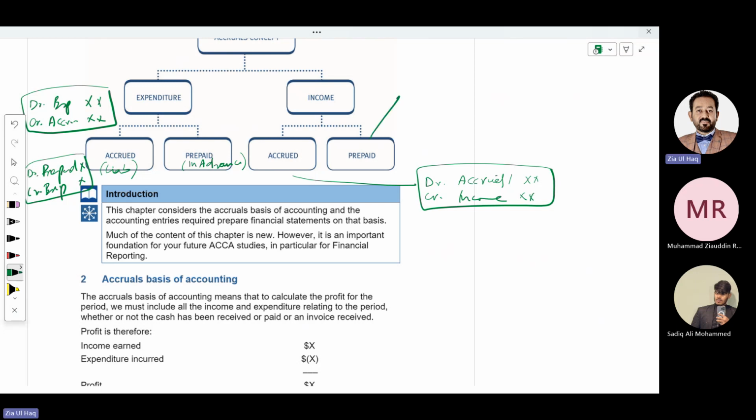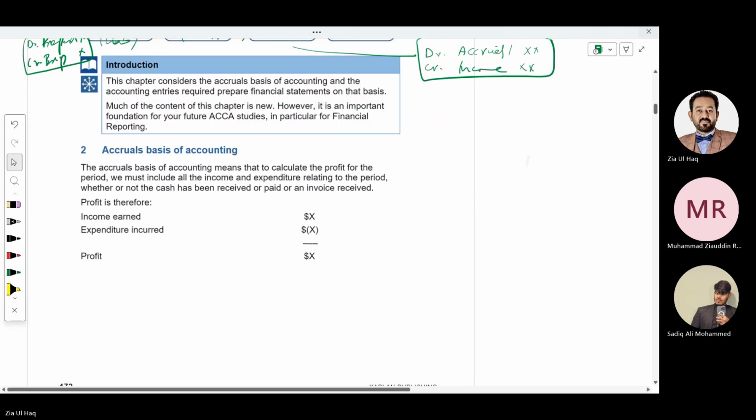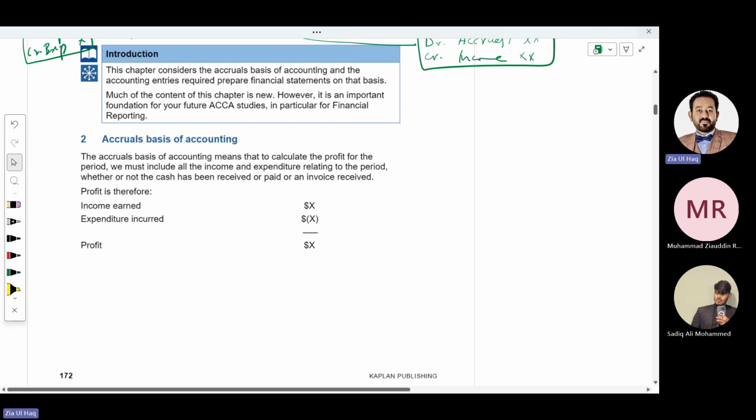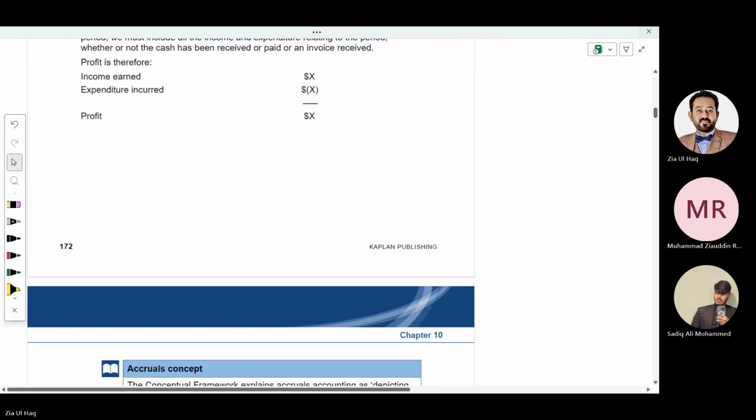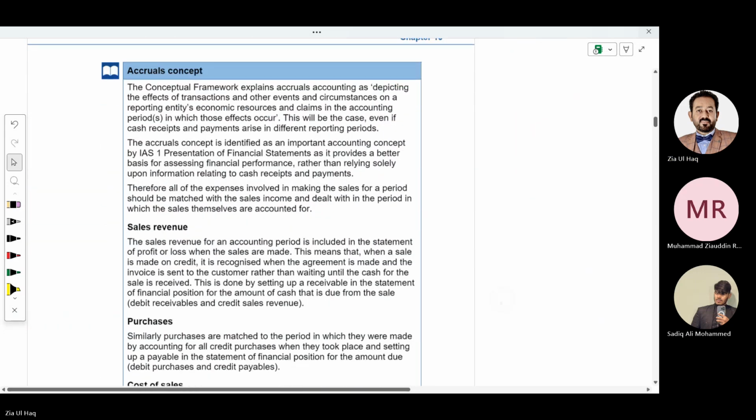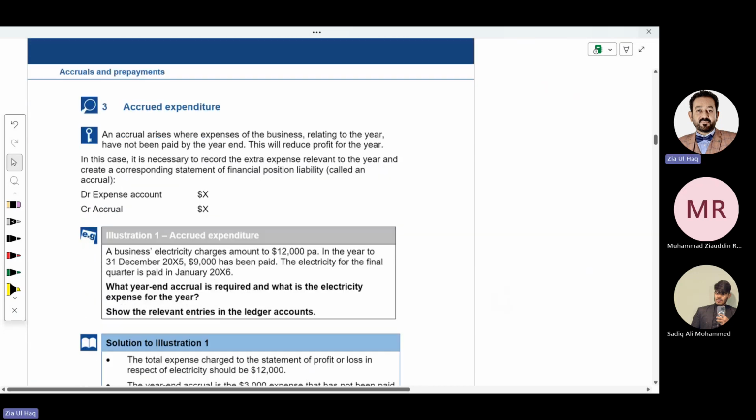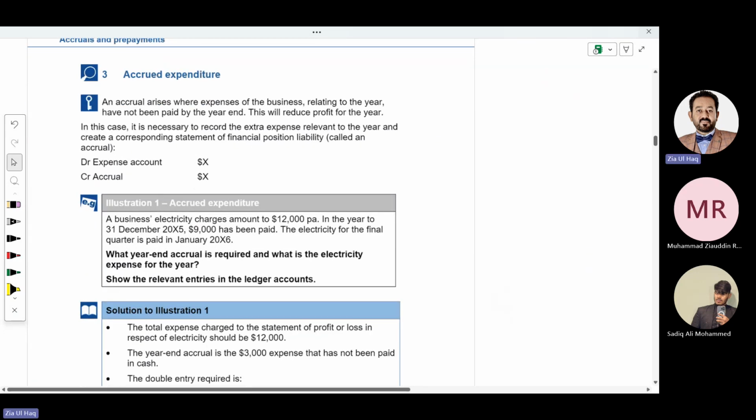So in that case, we will debit income and credit prepaid income. So accrual basis accounting. What is the accounting entry of accrued expense? Expense debit, accruals credit.